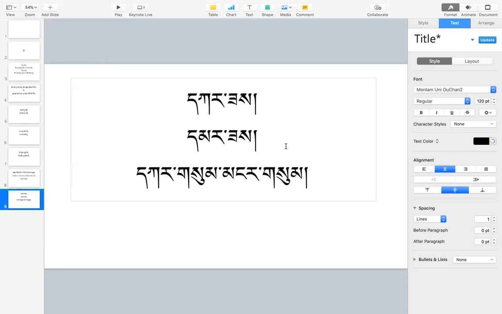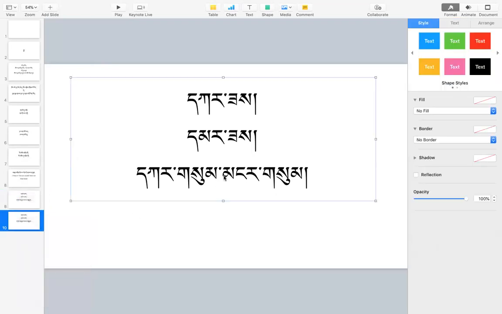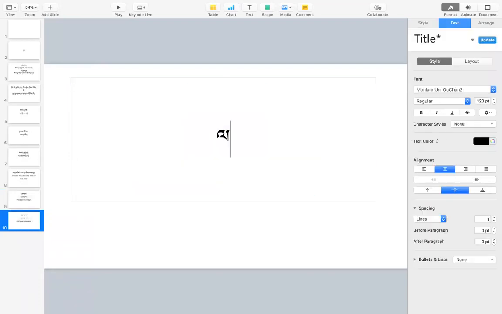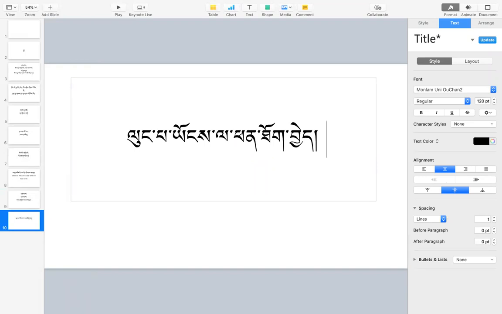For example, if we are talking about Tashi, and then we say longba yongla pento che, meaning benefit the entire country.